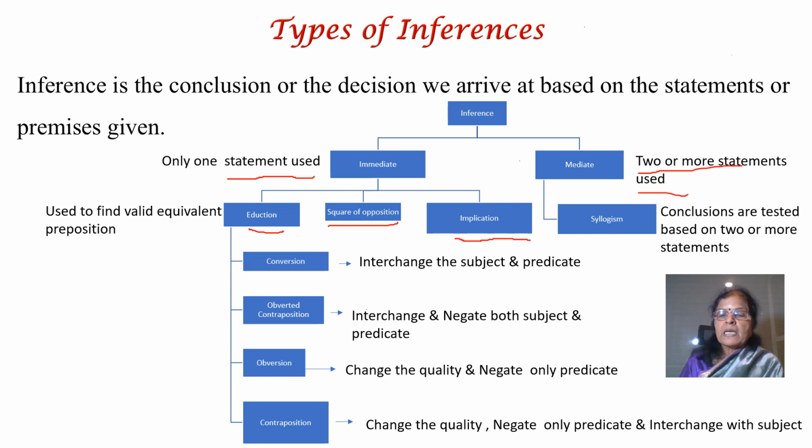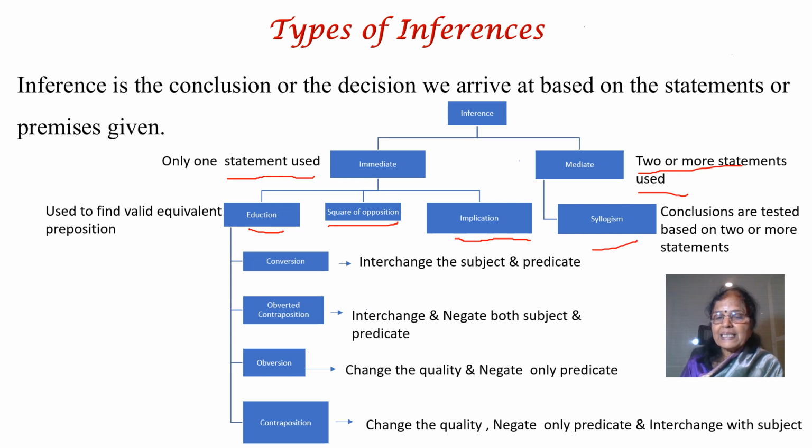Okay, two or more statements. It could be two or more, and that is mediate inference. That is where your syllogism questions come. In syllogism, two or three statements will be given, following which conclusions are given: 1, 2, 3, 4, 5, any number.